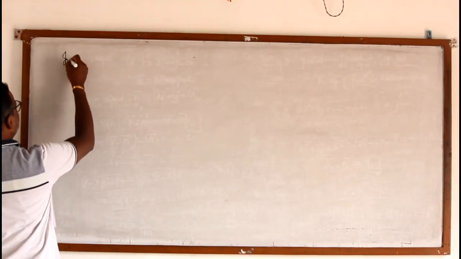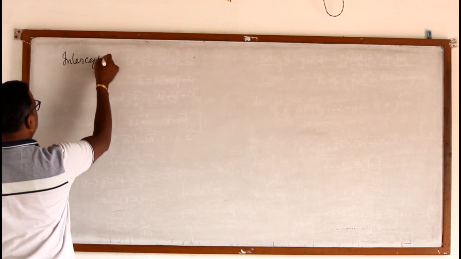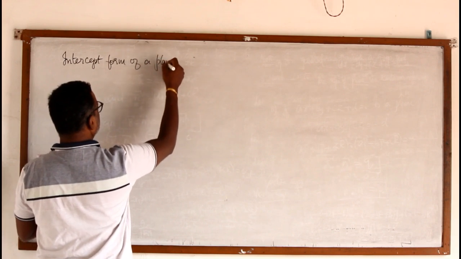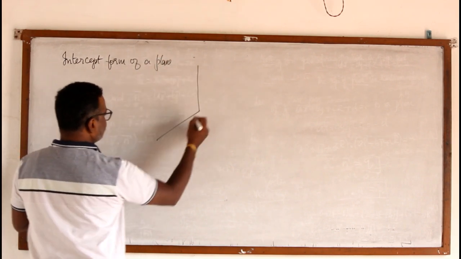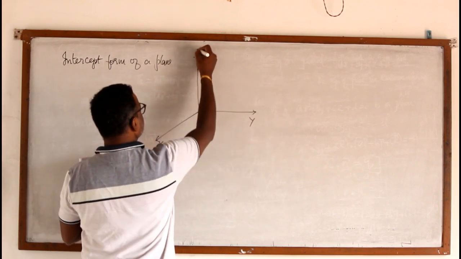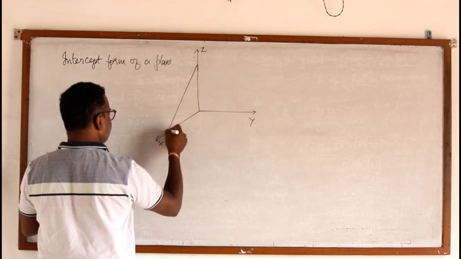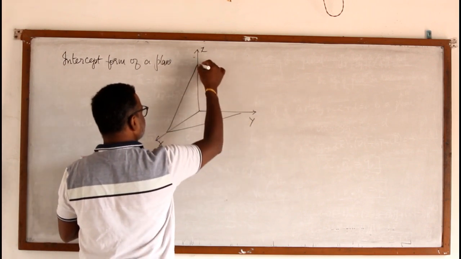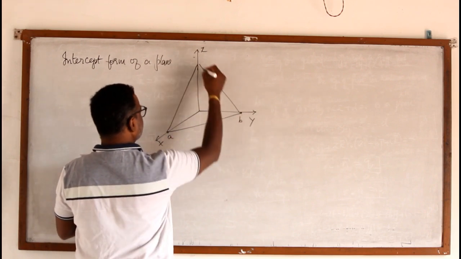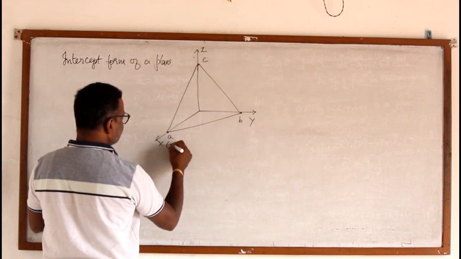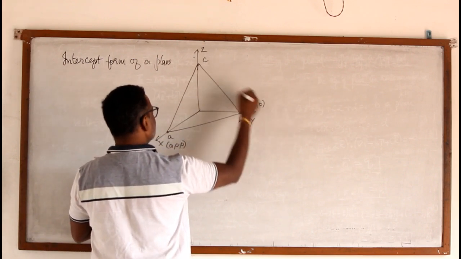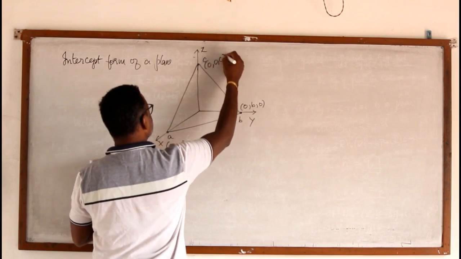Next, the intercept form of a plane. Suppose I have the x-axis, y-axis, z-axis and a plane intersects the x-axis at A, the y-axis at B and the z-axis at C. Then this point is (A, 0, 0), this point is (0, B, 0) and this point is (0, 0, C).